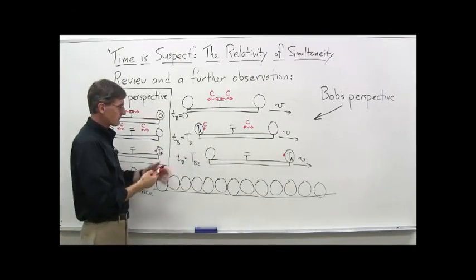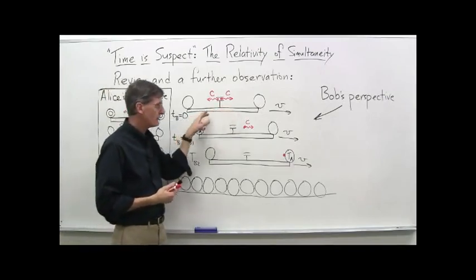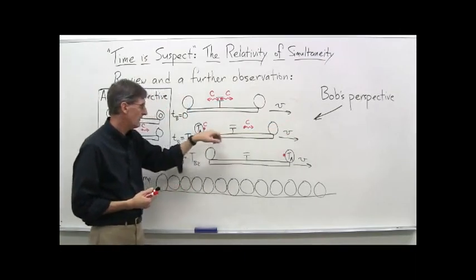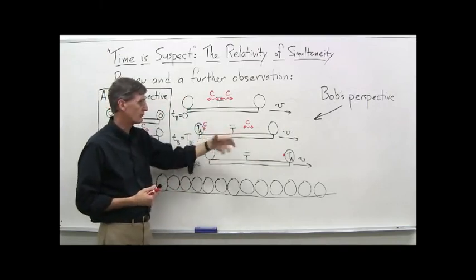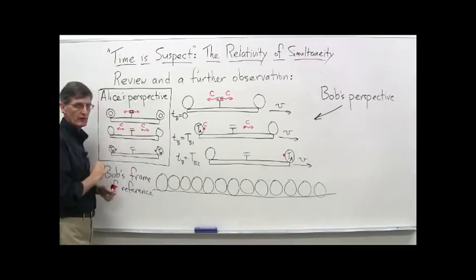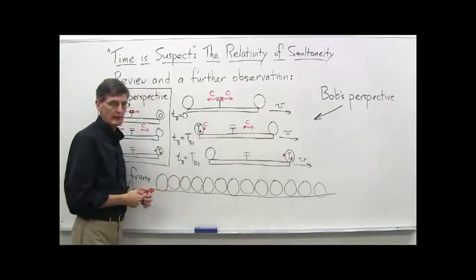And then, as the light pulses are in flight, remember the key thing is, even though Alice's spaceship is traveling with velocity v in that direction, that has no effect on the velocity of the light pulses. The velocity of the light pulses to Bob will be c, just as Alice saw the velocity of the light pulses to be c. They will not be c plus v or c minus v.